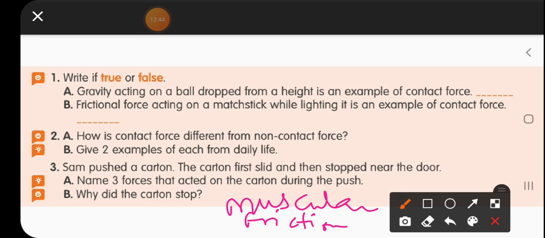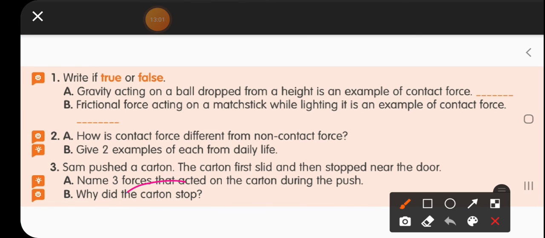Then it stopped near the door. So the third one is the magnetic force that is acting on it. Why did the carton stop near the door? Due to the magnetic force and the gravitational force, the carton stopped near the door.